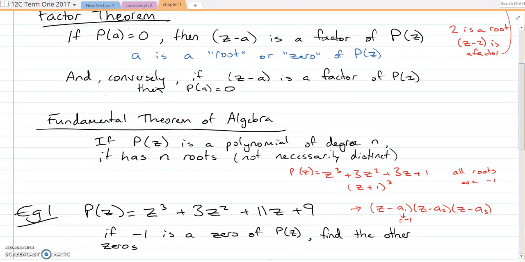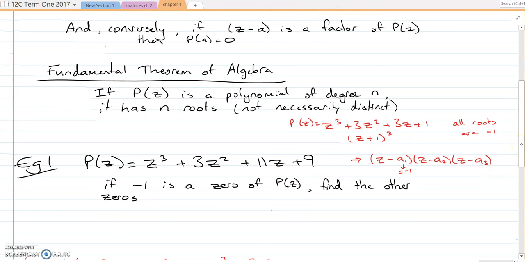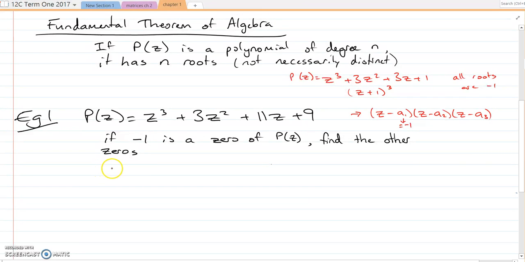So we have to find the other 2. Alright, so if one of the roots is minus 1, we know that z minus a minus 1 is a factor. Okay, so this p(z) is going to be equal to z minus a minus 1, which is z plus 1, times some other polynomial.